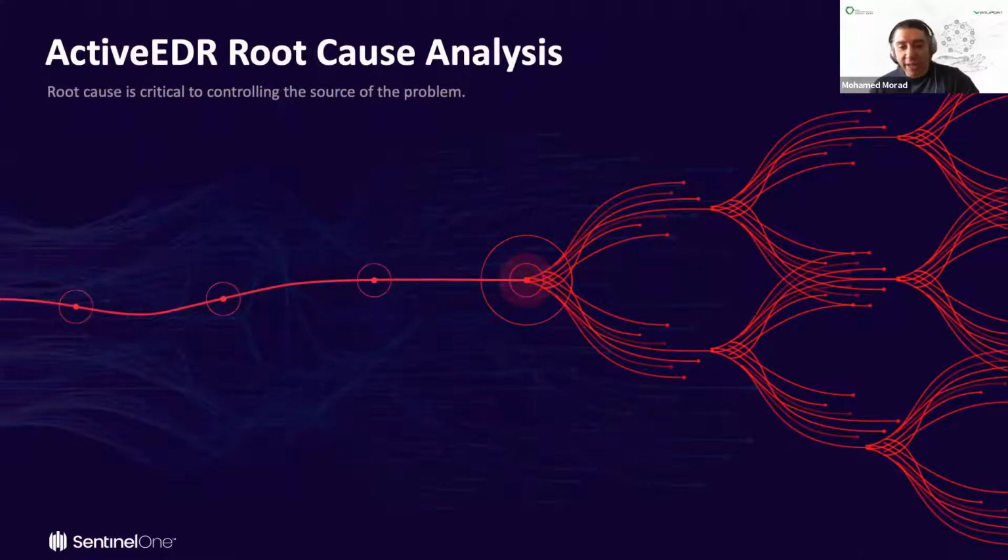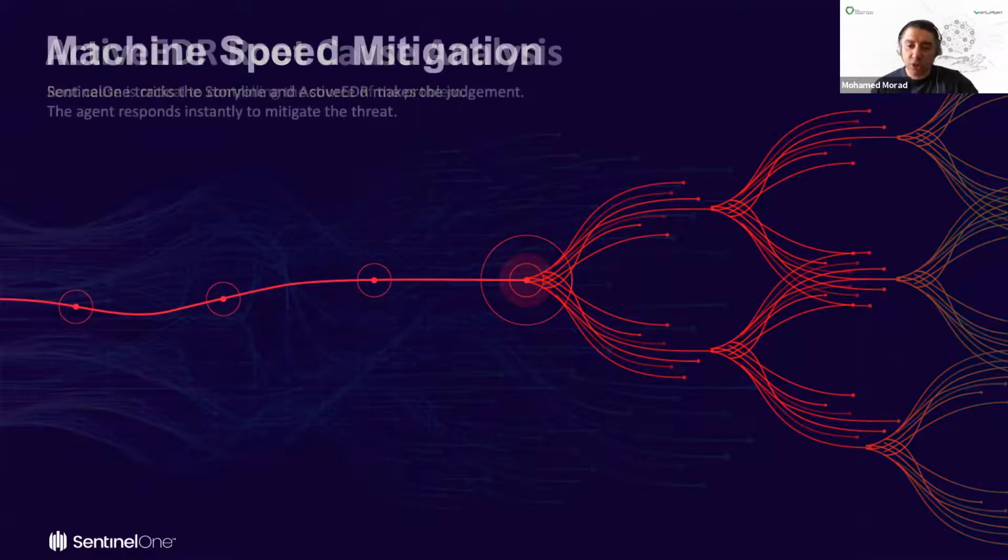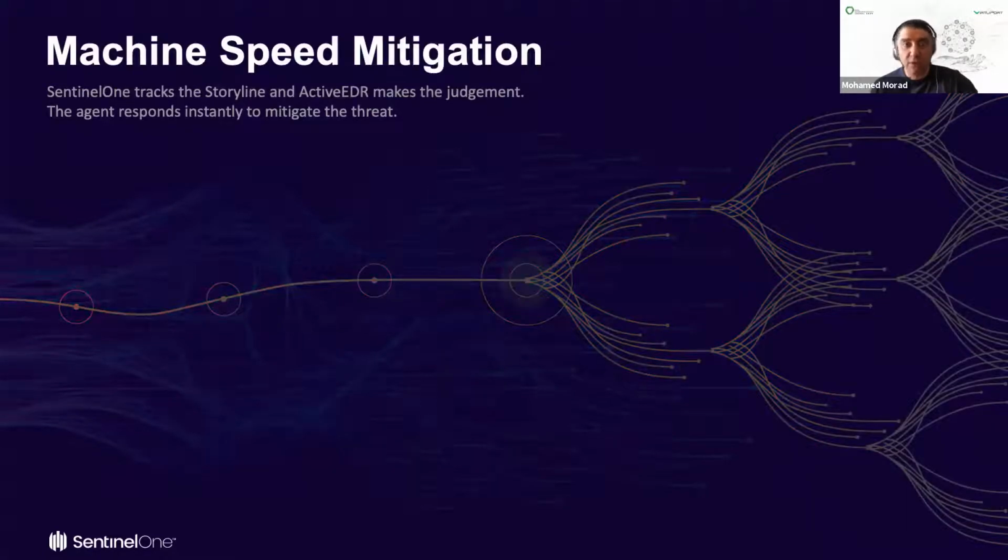Storyline and Active EDR are core to the SentinelOne platform technologies and are available for Windows, Mac, and Linux, as well as for containerized cloud workloads. The endpoint agent itself mitigates attacks in moments, which is far faster than any cloud analytics or human-based system could ever hope for.